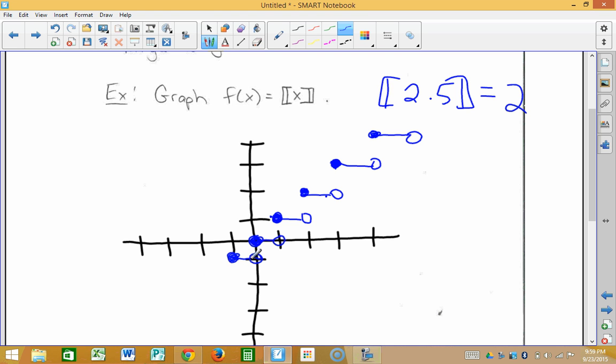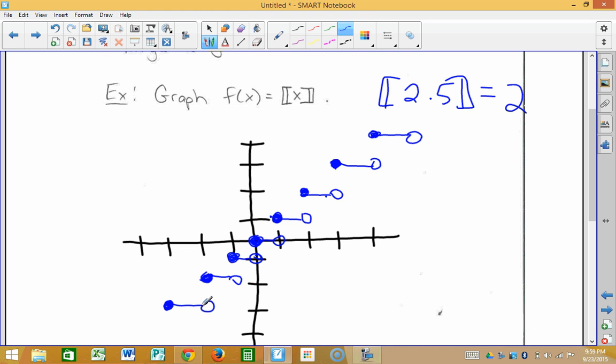Connect those up, jump down, open dot, solid dot at -2. Connect those up. Open dot at -3, solid dot, and so forth.